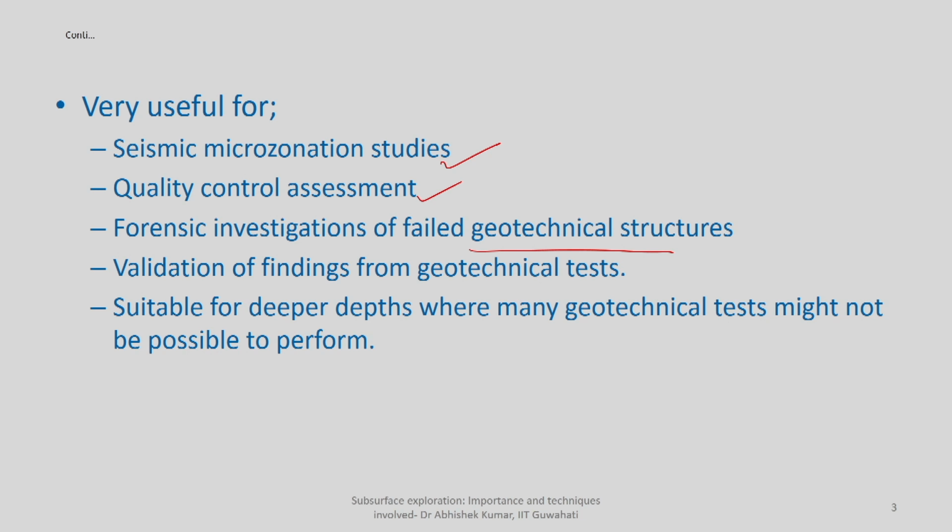You can explore the subsoil properties and find out whether there was some problem during laying of the subgrade, or during filling for preparation of an abutment, approach road, or any preparation for the zone of influence for bridge piers, and so on and so forth. So there are a number of ways in which forensic investigation of a failed geotechnical structure can be done very easily, considering the non-destructive nature of geophysical tests.